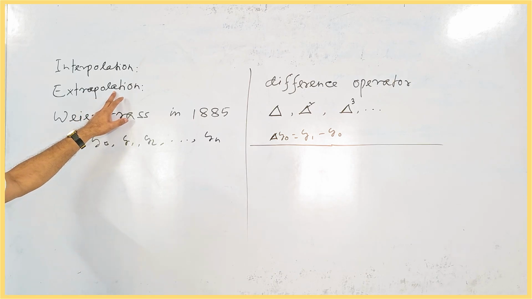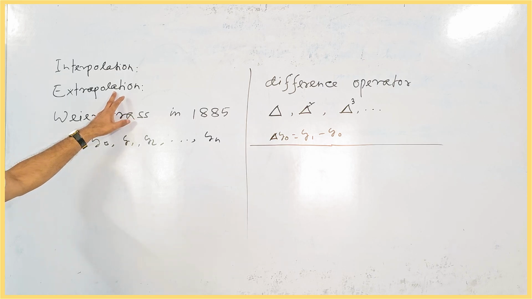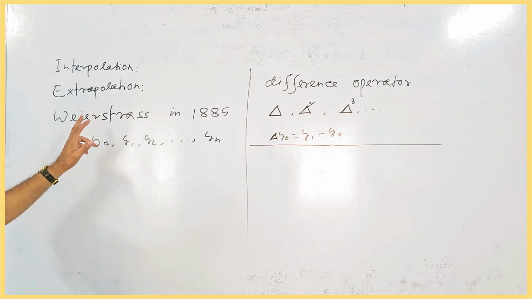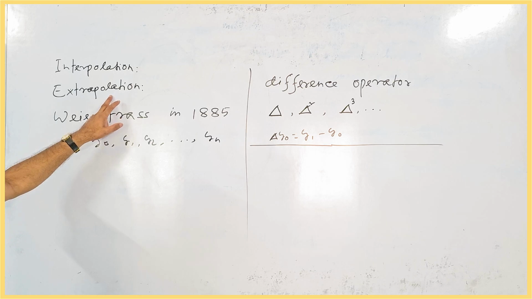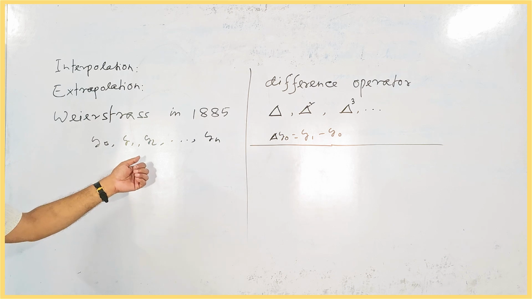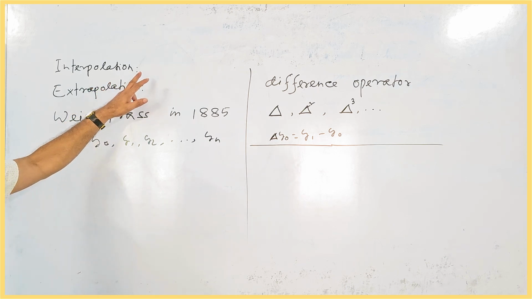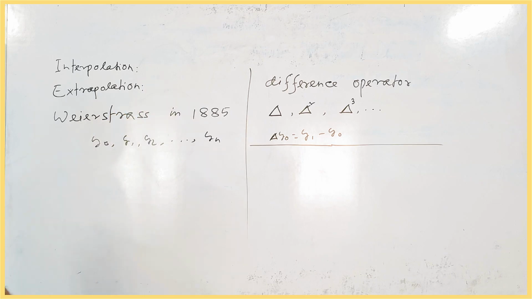Say we have to compute the population of India in the year 2030, then we apply the process of extrapolation. And say in between, we want to determine the population of India in 2021, then we can use the concept of interpolation.